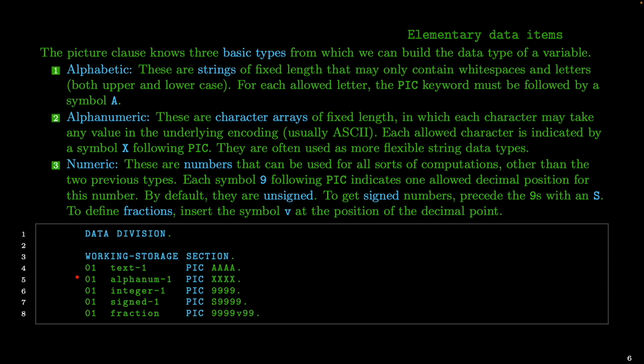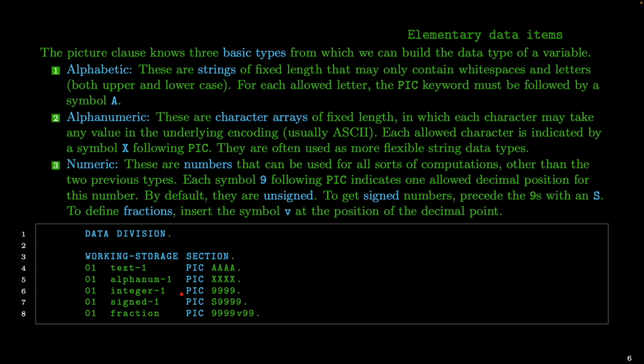Now here we have a first example, in the data division in the working storage section. Here we have our level number, that's 01, for all our data items. We have text, which is defined by the letter A. We have an alphanumeric variable, which is defined by the letter X. And then we have 3 numbers.